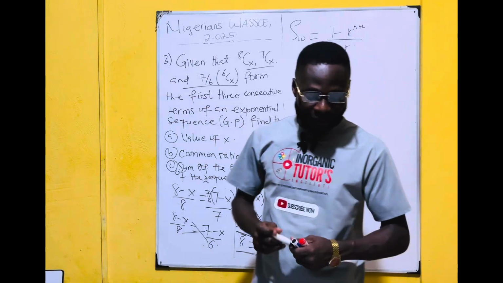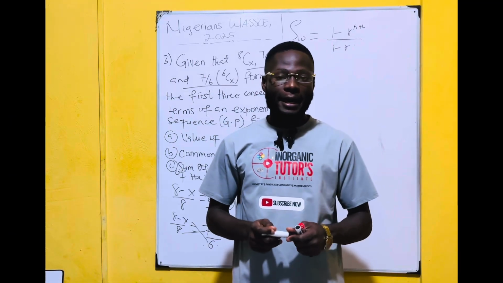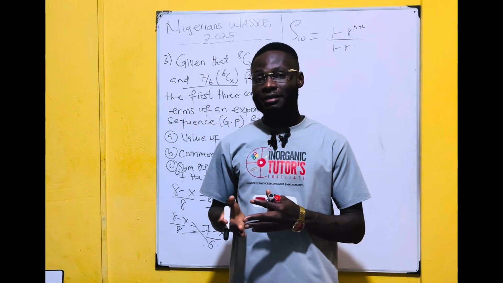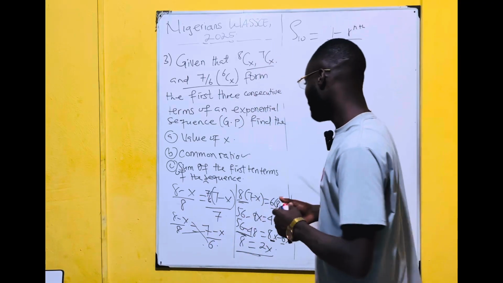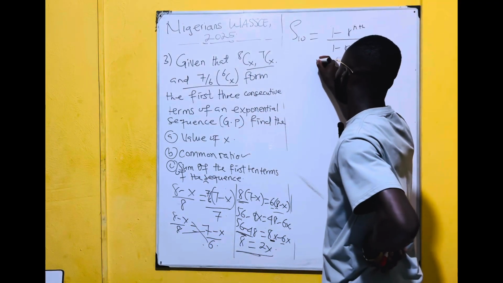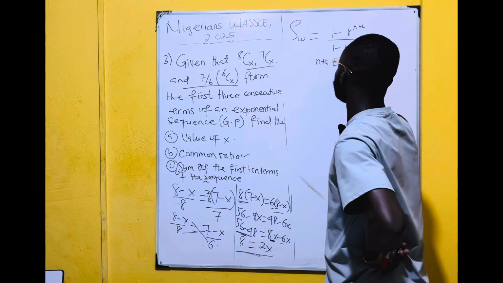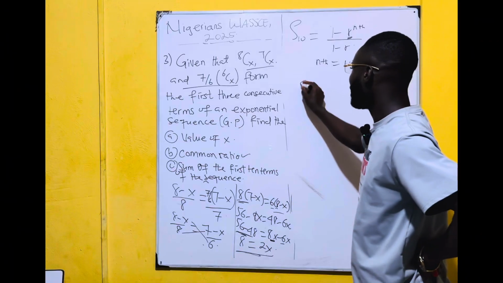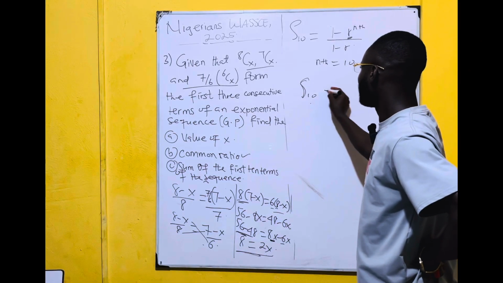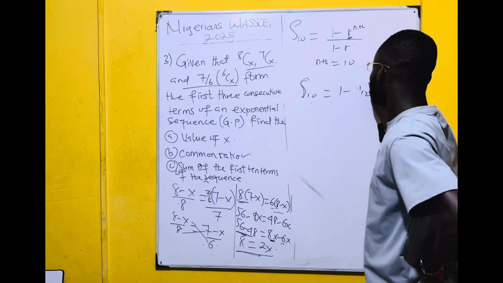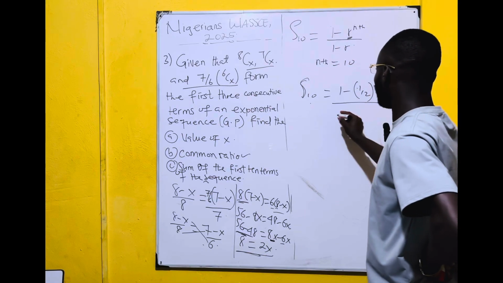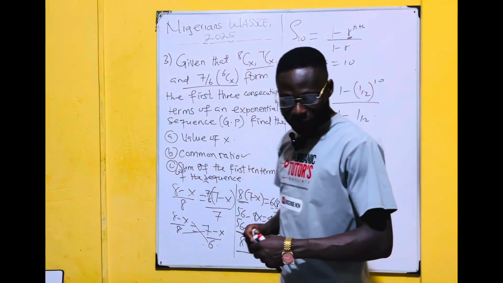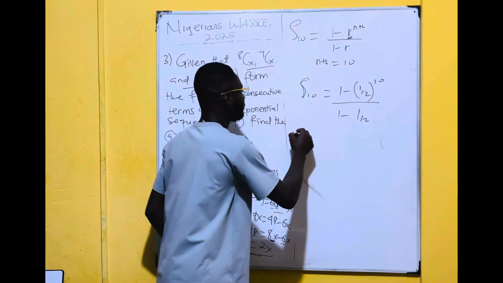And now remember that our n is 10. We have been given that we are looking for the 10th term, right? And we know that our r is half. So we're going to have S sub 10 equals (1 minus half to the power 10) divided by 1 minus what? Half, right?